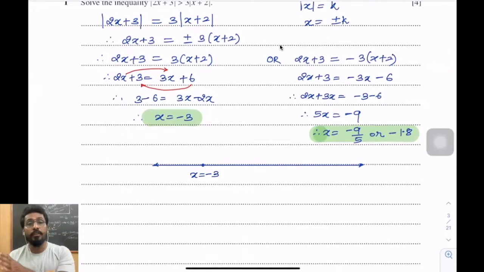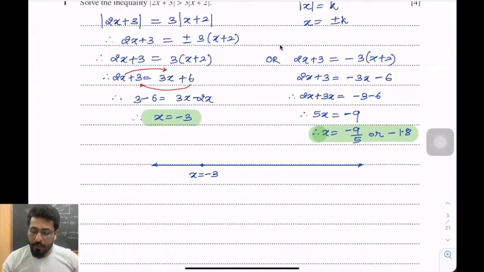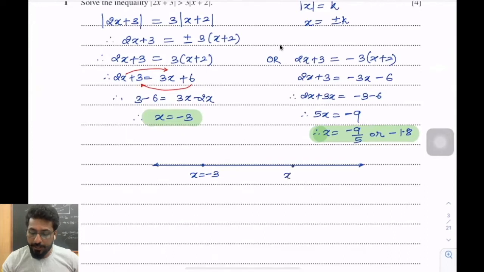If you start from 0 and move towards the left, you get 0, negative 1, negative 2, negative 3, and so on. So I get minus 3, and then I have the value of x as minus 1.8.